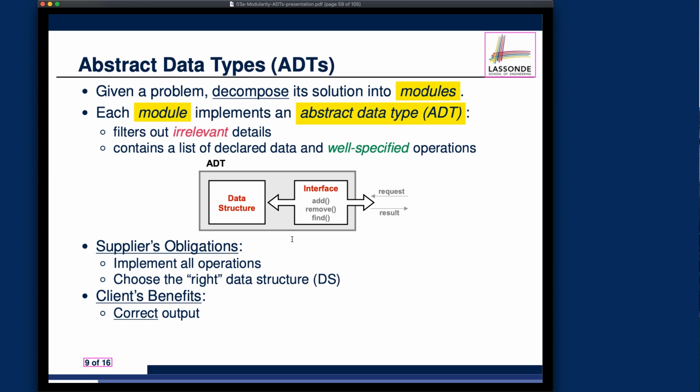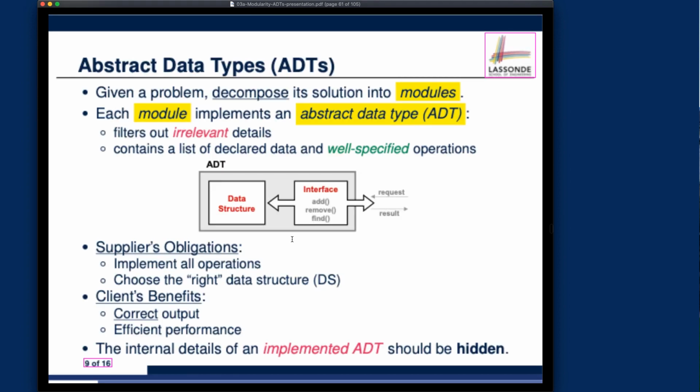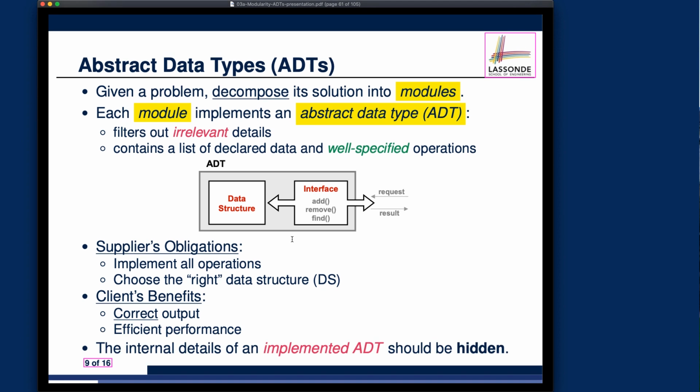The client is expecting to get correct output and also efficient performance. All the internal details for your ADT should be hidden. That's why, to show to your clients, you don't have to show them the implementation view. You show them the contract view. I'll have one example for contract view in a moment.